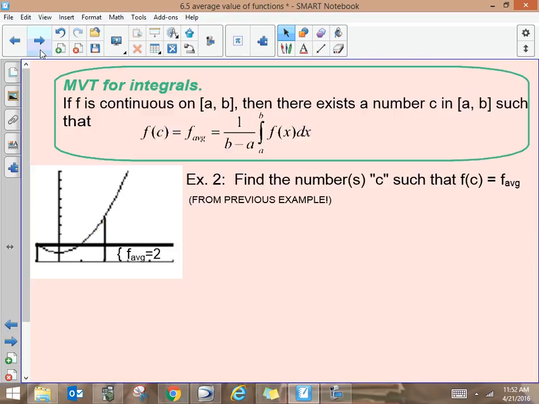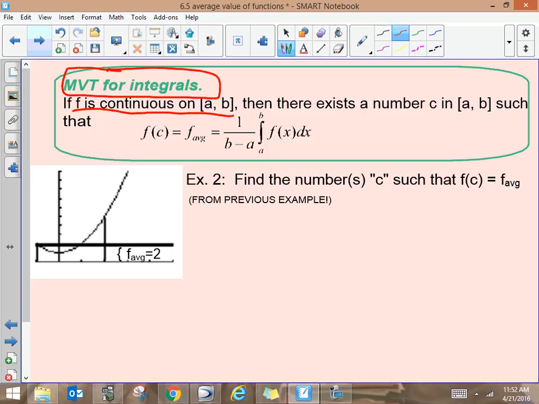All right, let's do a little extension of that. This is the mean value theorem for integrals. We had the mean value theorem for derivatives a long time ago. Again, f is assumed to be continuous on this interval.